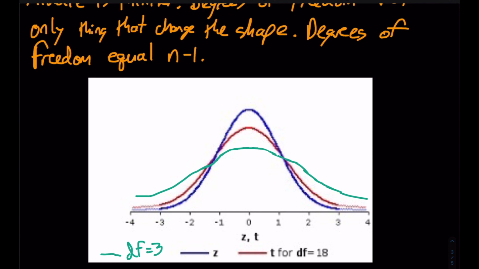Then the red graph would be the t-distribution for degrees of freedom of 18. So this is getting closer to our actual normal graph, and then this blue Z would be our normal graph. You can see that this is as high as it gets, and the tails are way thinner than the red or the green.